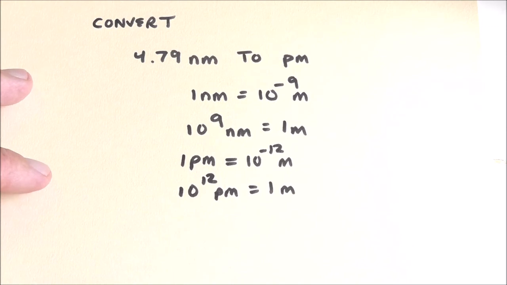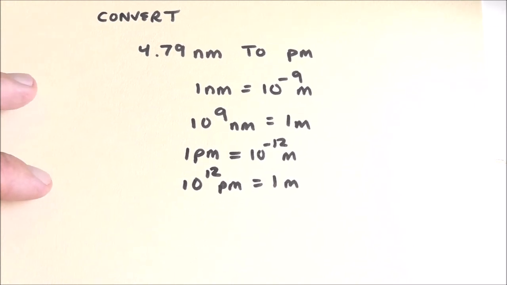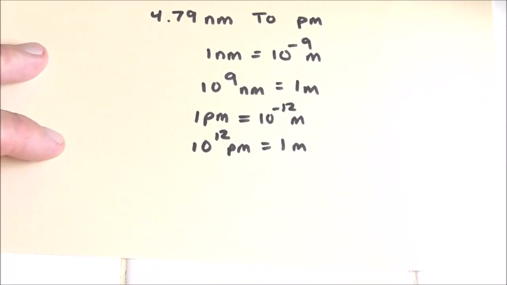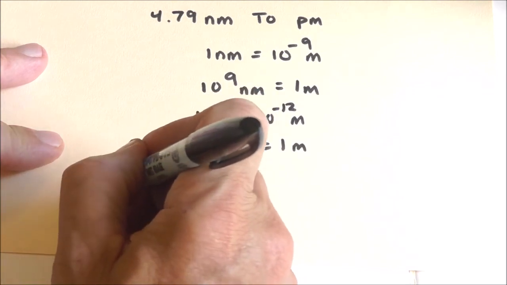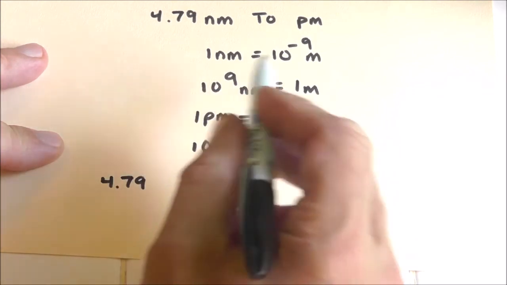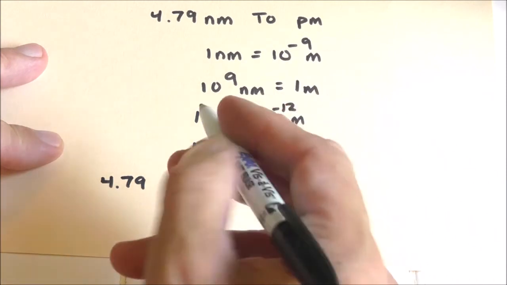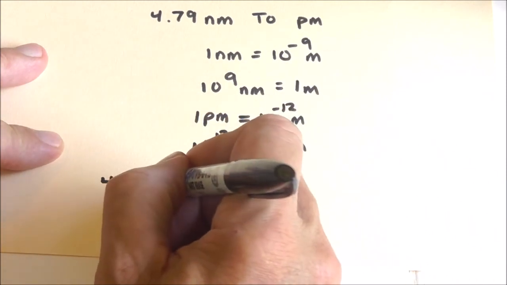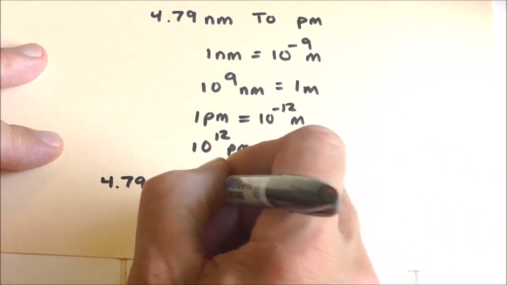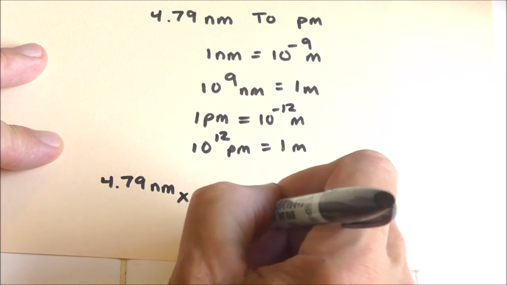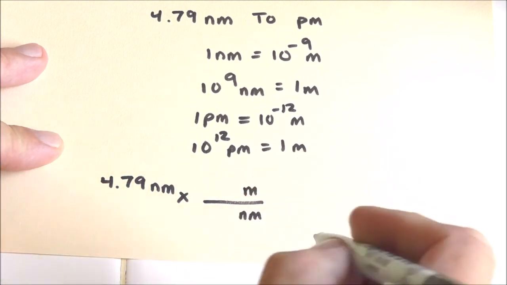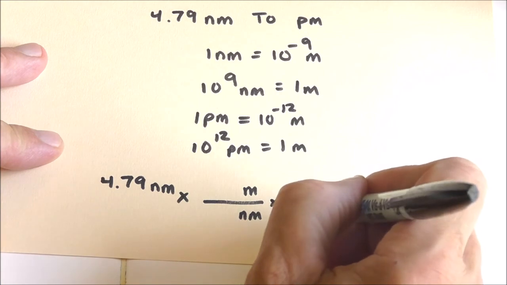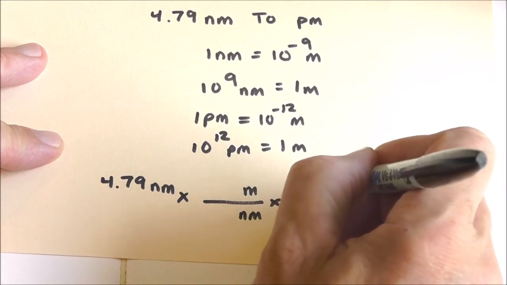So here's what I could do though, folks. I like to line up all my units first, and then I pick whatever conversion factor above I want. I only need any of these two that would fit. In my mind, I'm going to convert nanometers to meters, and after that step, convert meters to picometers.